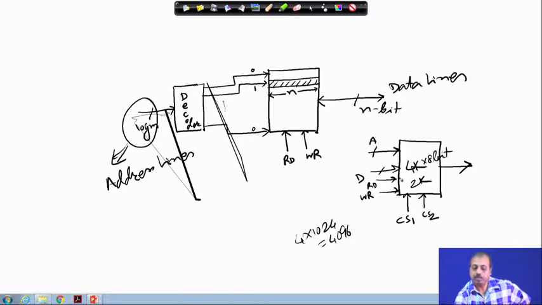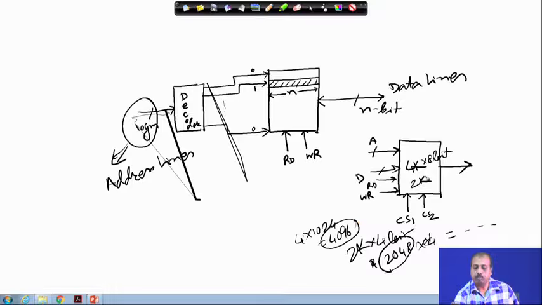Similarly, if it is 2K by 4 bit, this is 2048 rows, each of 4 bits. So, the total number of bits gives the total capacity, but this has 2048 locations compared to 4096 locations here. So, this 2K chip will have 2048 words in it. Anyway, we have seen that while discussing memory chips.